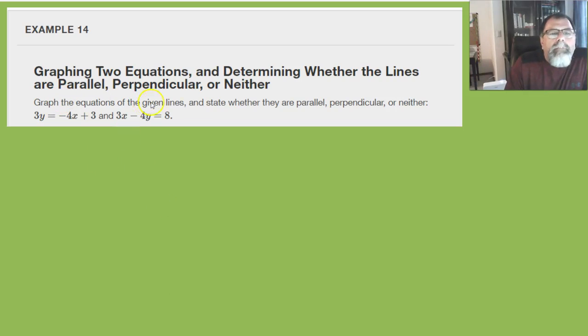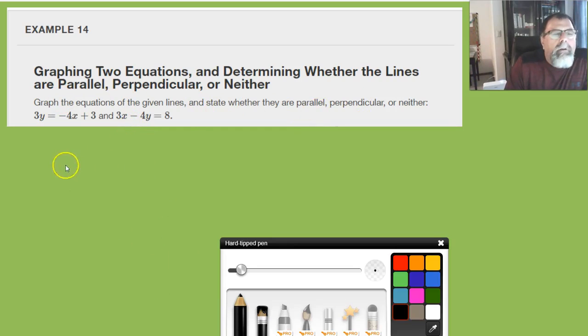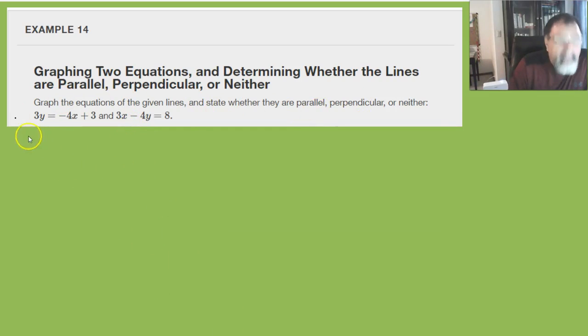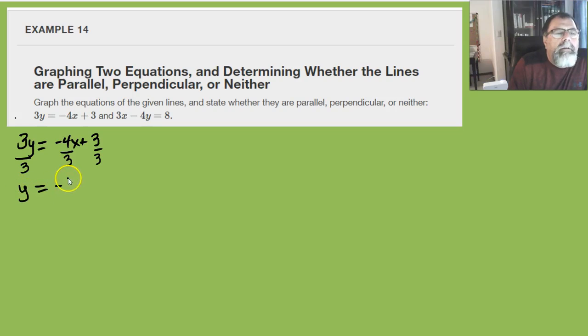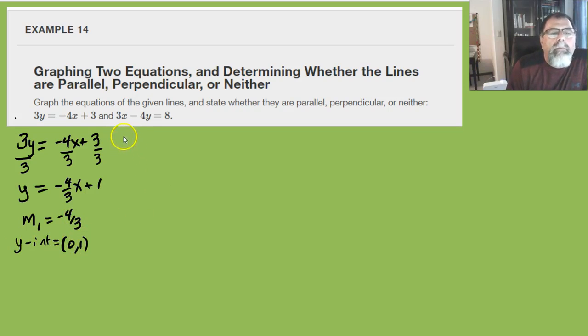Okay, graph the equations of the given lines and state whether they're parallel, perpendicular, or neither. What I'm going to do is put them both in slope-intercept form. So we get 3y equals -4x plus 3. I want to get y by itself, so I divide. My slope is -4/3, and my y-intercept is (0, 1). That's for line 1.